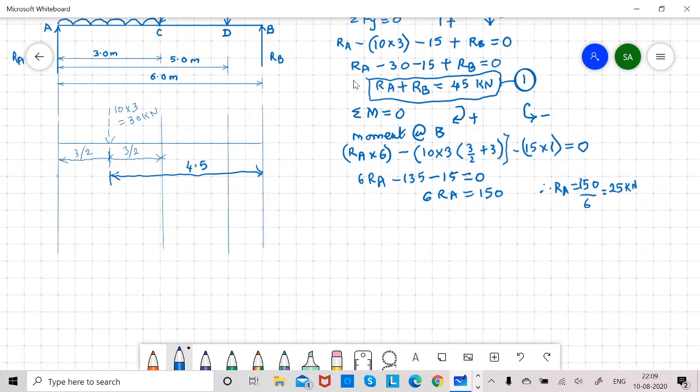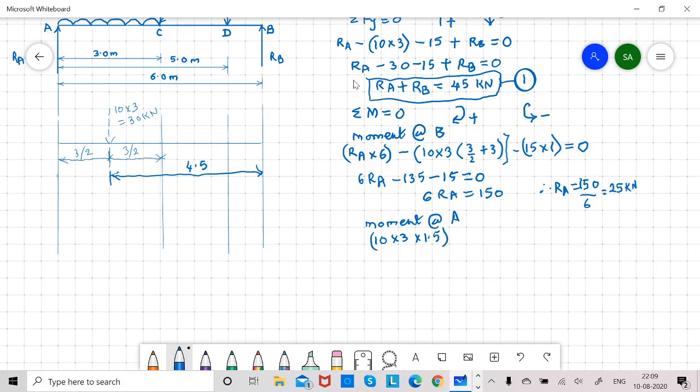Now let us take moment about A. Moment about A, all clockwise positive, anticlockwise negative. RA into 0, no need to write. Then moment of the UDL 10 into 3 into 1.5 or 3 by 2.